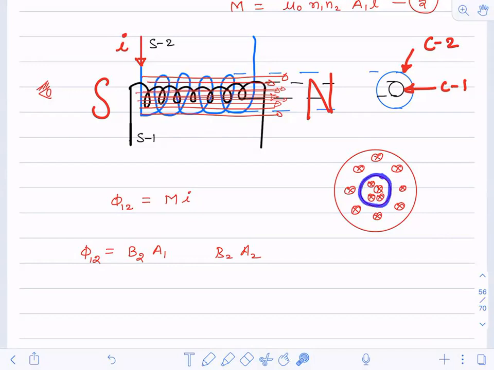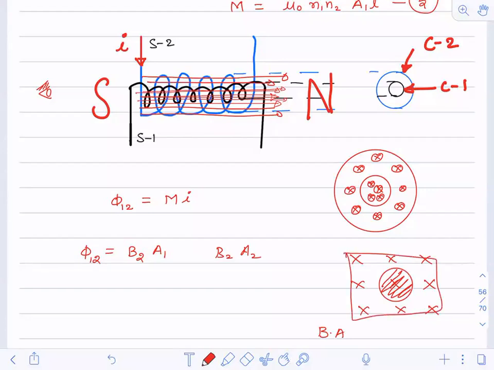Now, what you have done in previous classes, just try to remember that if this is the region where you have a magnetic field, and this is the coil, whose area is this. Now, if I ask you what is the magnetic flux through this area, did you do B into A of this area, or did you calculate this complete area?